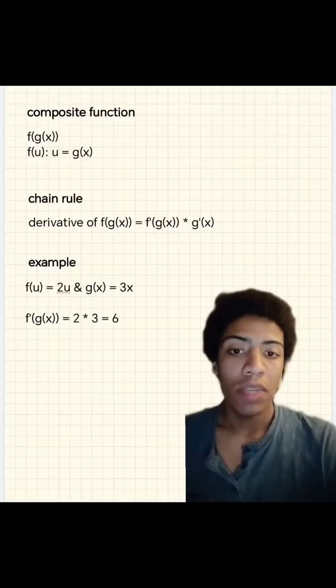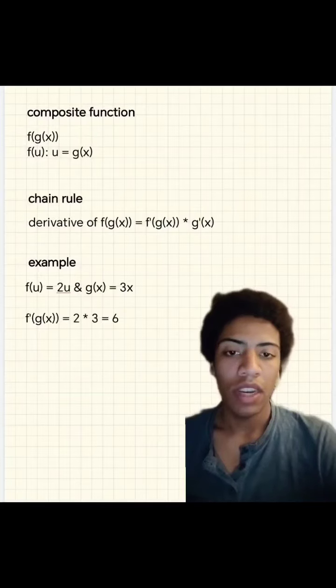Now, the chain rule is basically how to turn such a function, a composite function, into a derivative. So the derivative of the composite function is basically just function 1 times function 2. So both functions times each other.